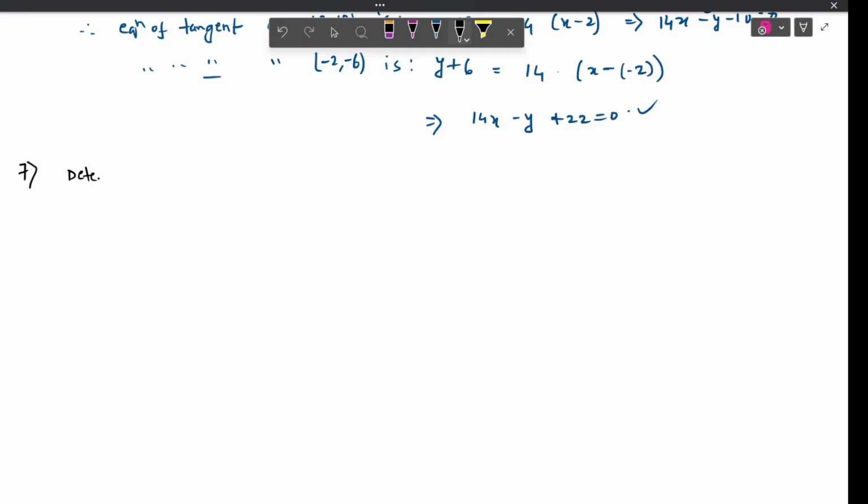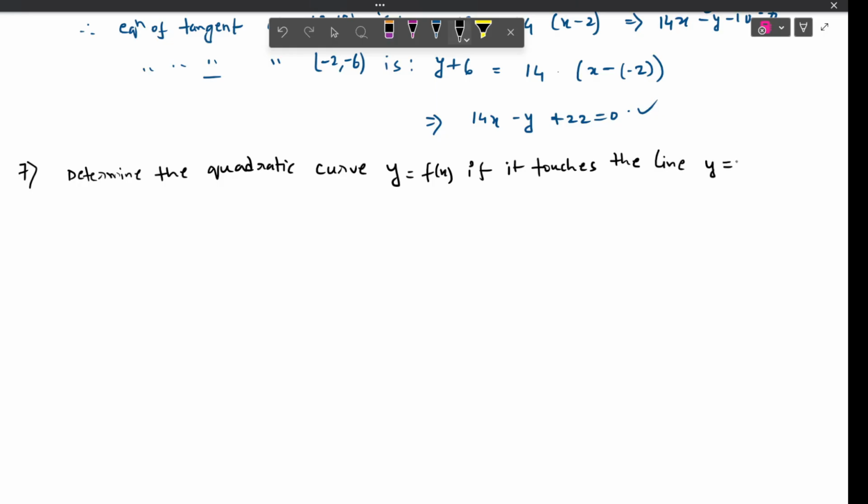Determine the quadratic curve y equals to f of x if it touches the line y equals to x at the point x equals to 1 and passes through the point minus 1 comma 0.